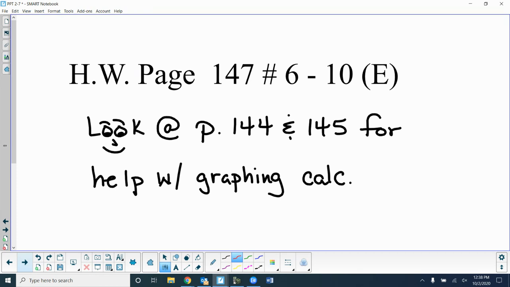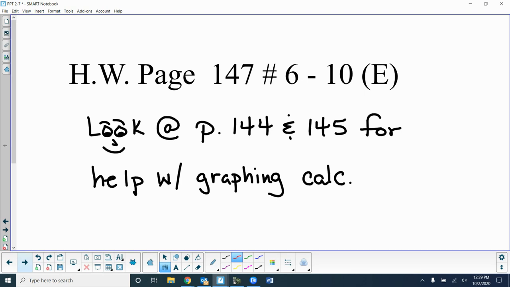Okay? So 6, 8, and 10 on page 147. I think even page 143 started it, showing how to make sure your diagnostics are on. So if you get stuck and forget what buttons to push, it goes through it on those pages.